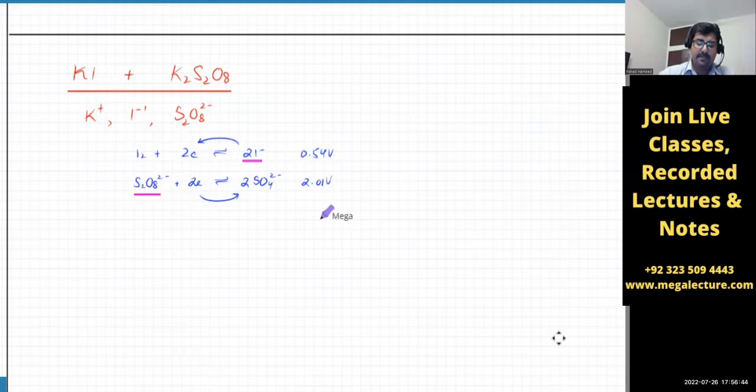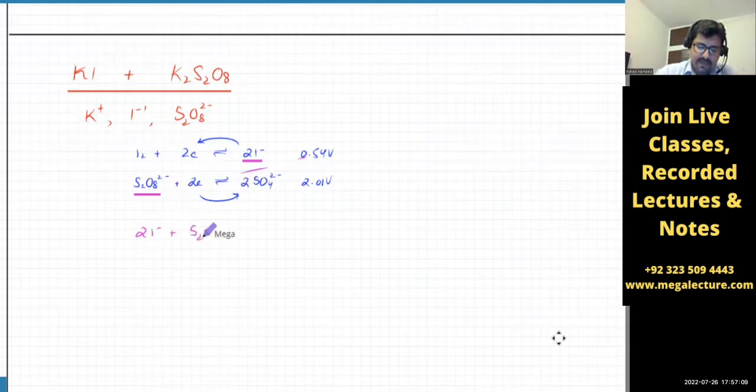Now using that I can make the overall equation, which is going to be what? Add up the reactants. I'm not going to rewrite the equation, I'm just going to do it over here. What are my reactants? It's 2I minus 1, that's my reactant, right? The electrons are already balanced, gained and lost. S2O8 2 minus is the reactant in the other equation.